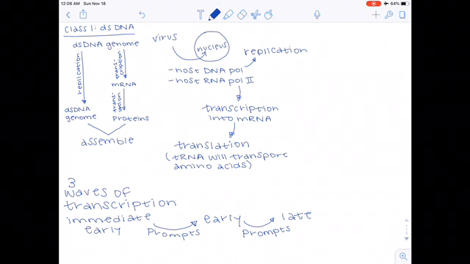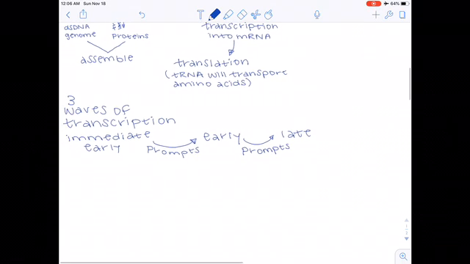And basically, a few of the early genes, once translated, will travel back from the ribosome to the nucleus, and they will initiate both the replication of the rest of the genome, as well as the transcription and the translation of the late genes, which are involved in the assembly of the final virus structure, the virion.